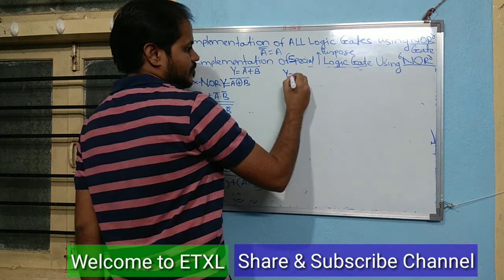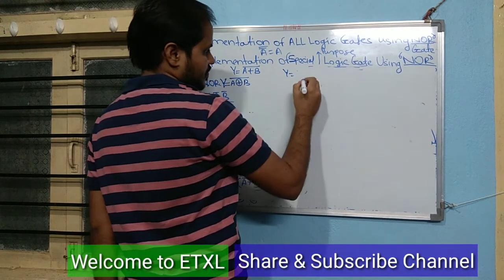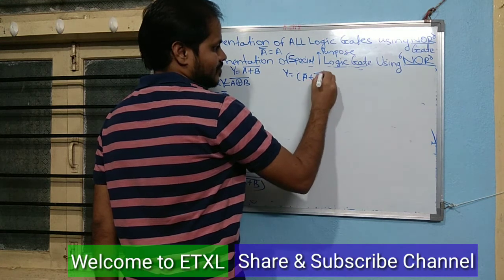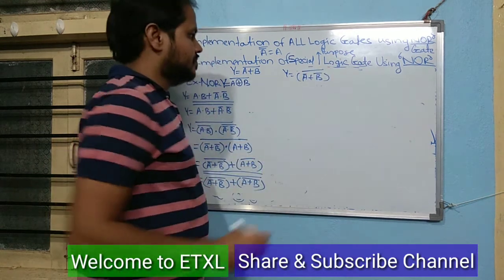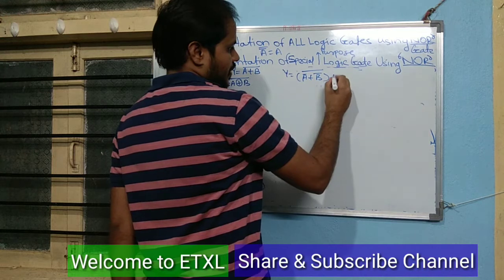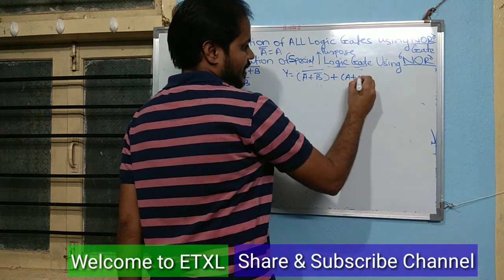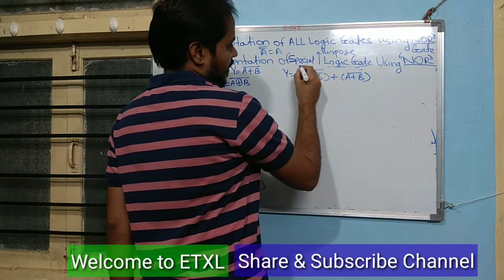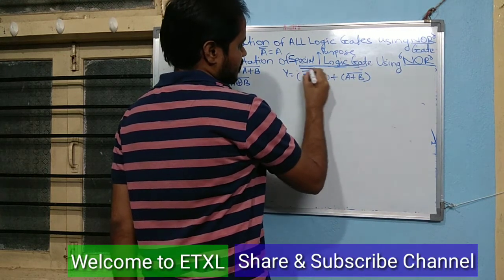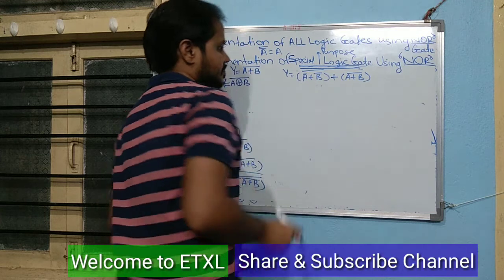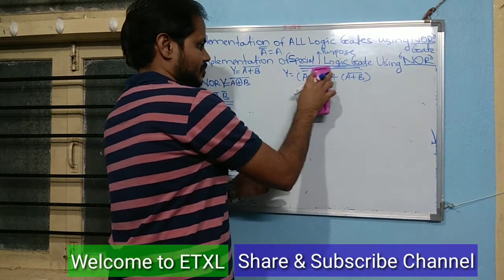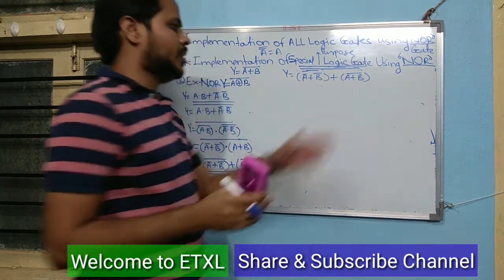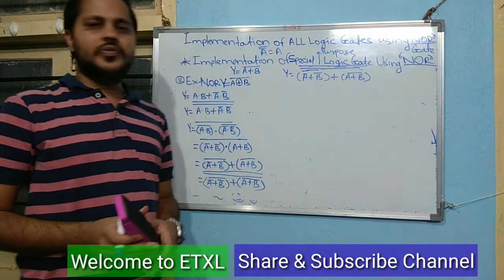Y is equal to, what is that equation? A bar plus B bar, whole of this bar, plus A plus B bar. Apply the double inversion law. This is that particular equation converted into the NOR form.